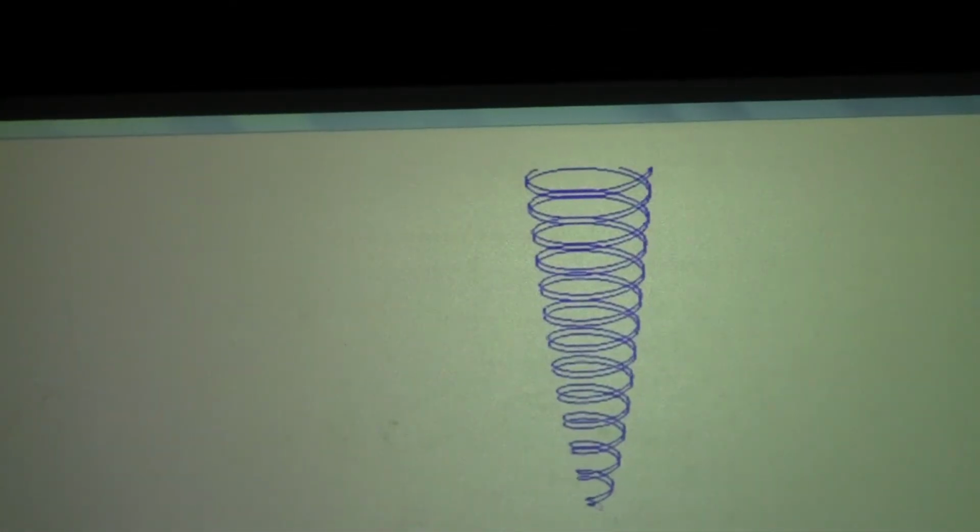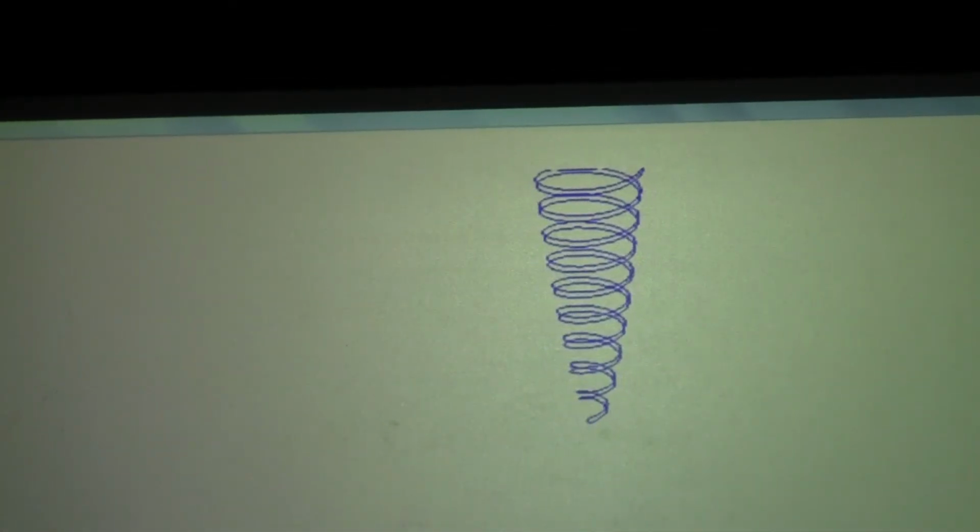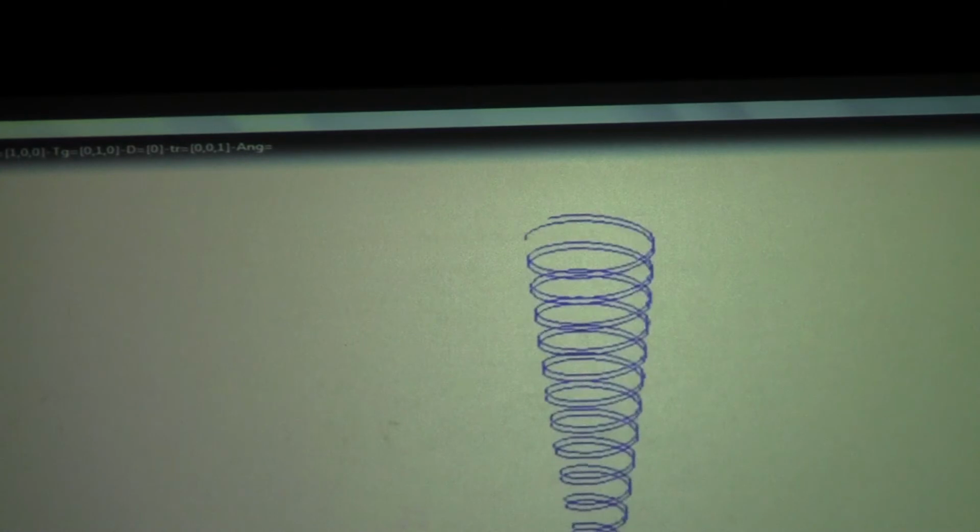So the composition of a rotation and a translation, if the translation is along the axis of the rotation, is called a skew rotation, I think. So this curve is a solution to that ordinary differential equation that I wrote down there. All these curves are solutions to the ordinary differential equation with different choices of parameters. So this is a rotating translating solution.